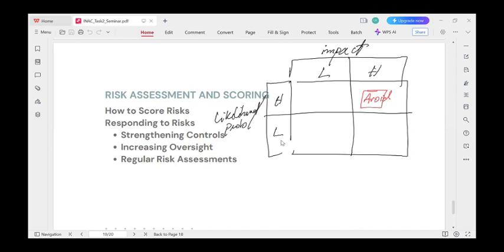If we are in this box where likelihood is high but impact is low, you reduce it. You try to reduce this risk as much as possible.